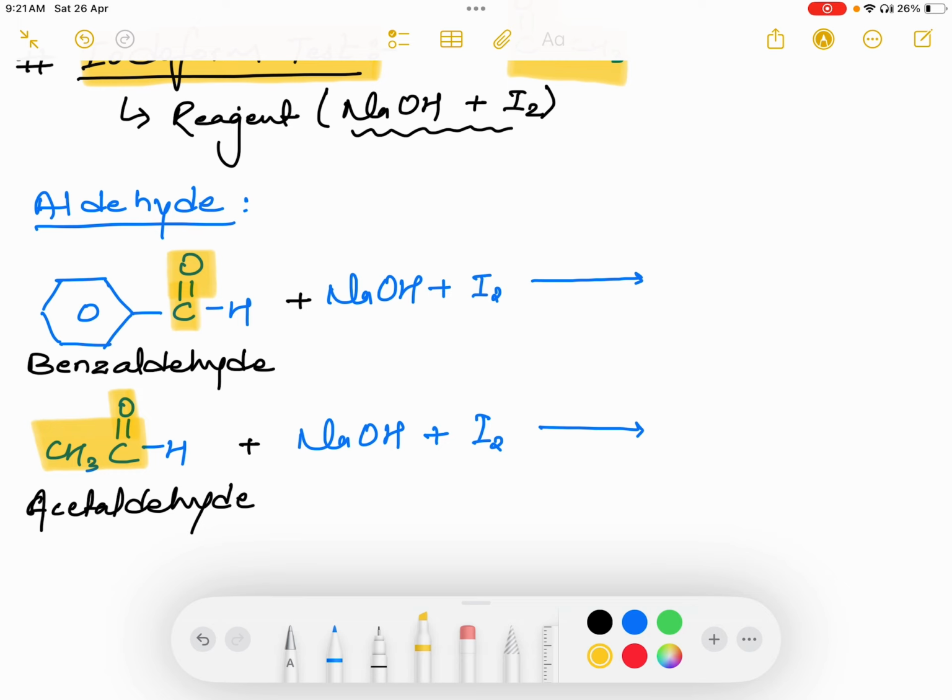But in benzaldehyde, the carbonyl carbon has hydrogen on one side and on the other side a carbon of the benzene ring. What I am trying to say is that this carbon is no more a CH3. Hence, there will not be any reaction, or we can say it gives a negative test. This one is your negative test.